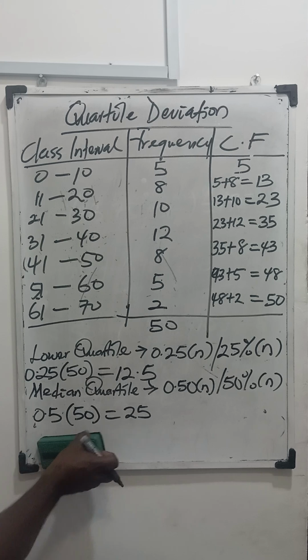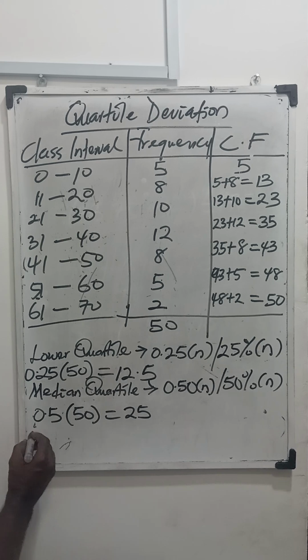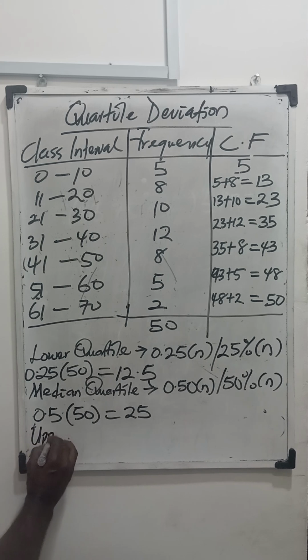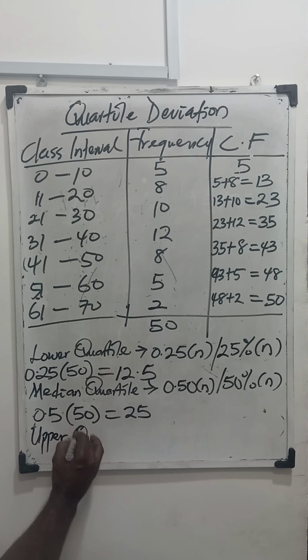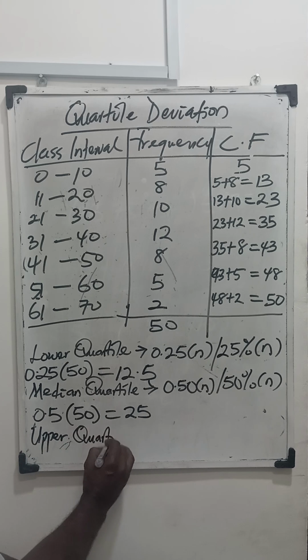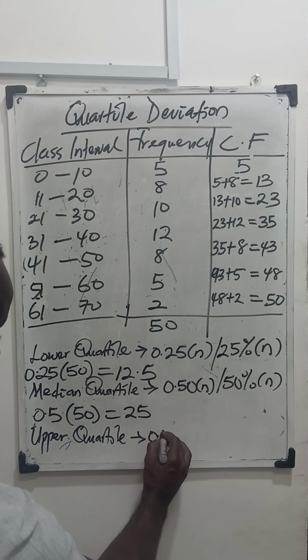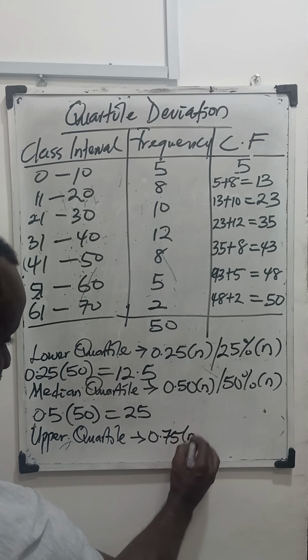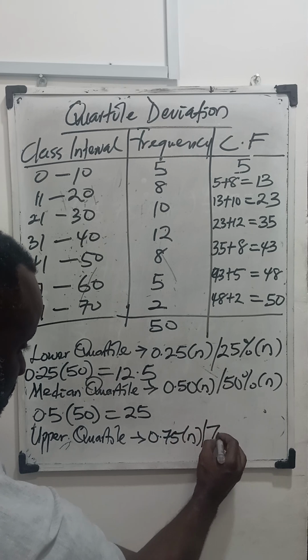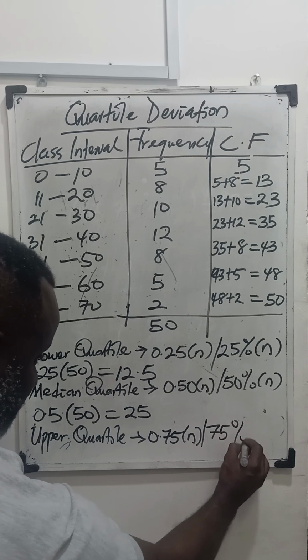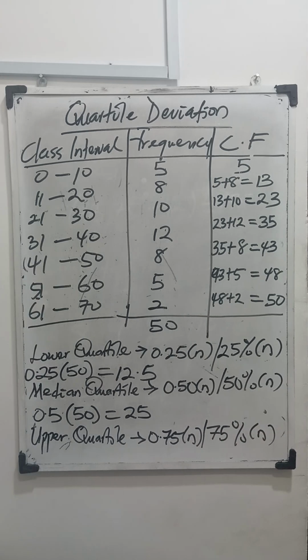So let's take the last one. The last one is the upper quartile, which is actually 0.75 n, or you say 75% n.